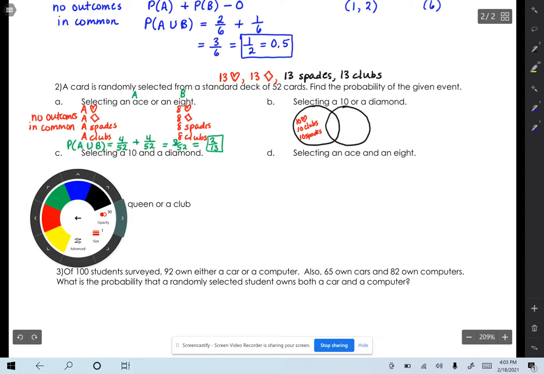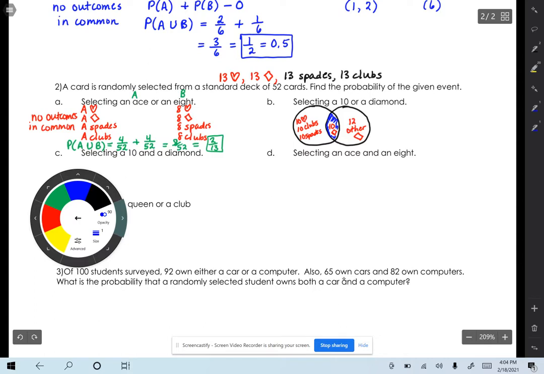You know we have 13 total diamonds. One of them will be a 10 of diamonds. But then there'll be 12 other diamonds. It's a really bad diamond. So they do have an outcome in common, and that outcome in common is this 10 of diamonds.